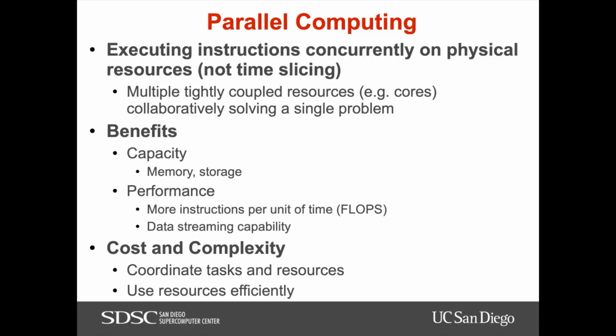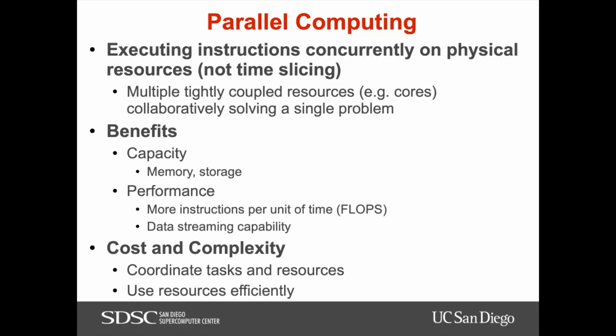So you really need to actually use all the cores to get the performance out of even a single node, right? And if you really want to get to petaflops of performance, then you have to scale out to multiple nodes and to a larger number of node counts.